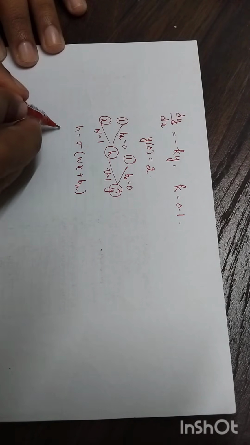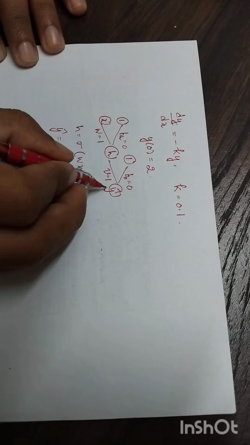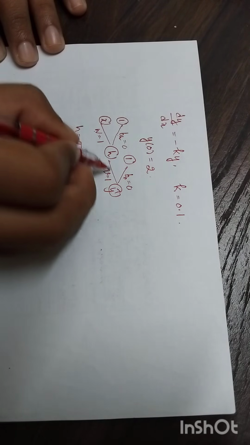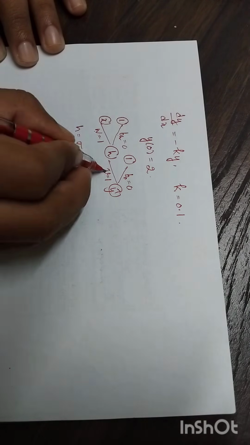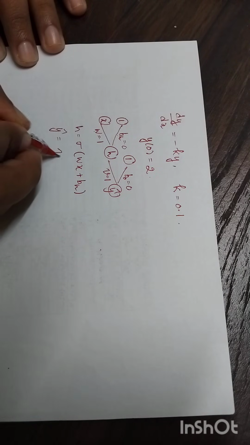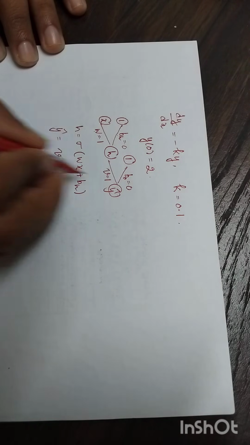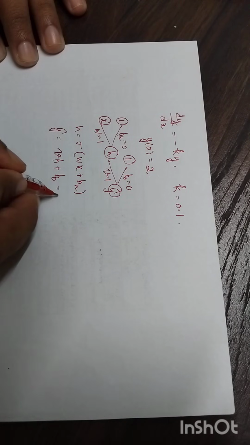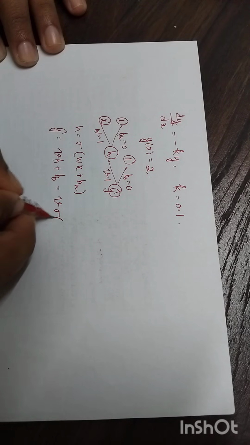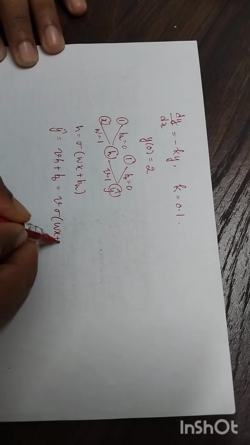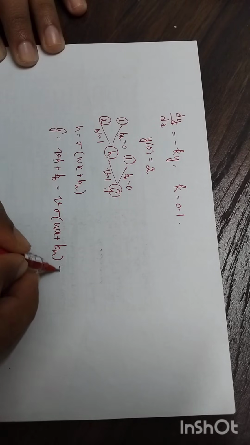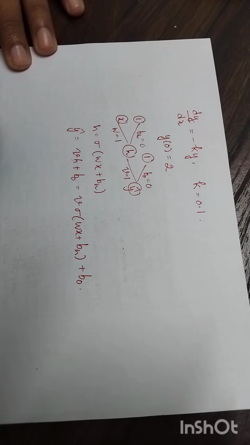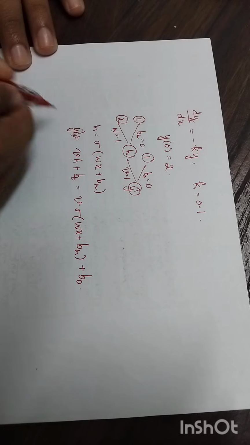Since the activation is linear, y cap is a linear combination of 1 and h, that is v h plus b naught. What is the value of h? So y cap is v into sigma of wx plus bh, plus b naught. Now we got y cap, which is y cap of x.